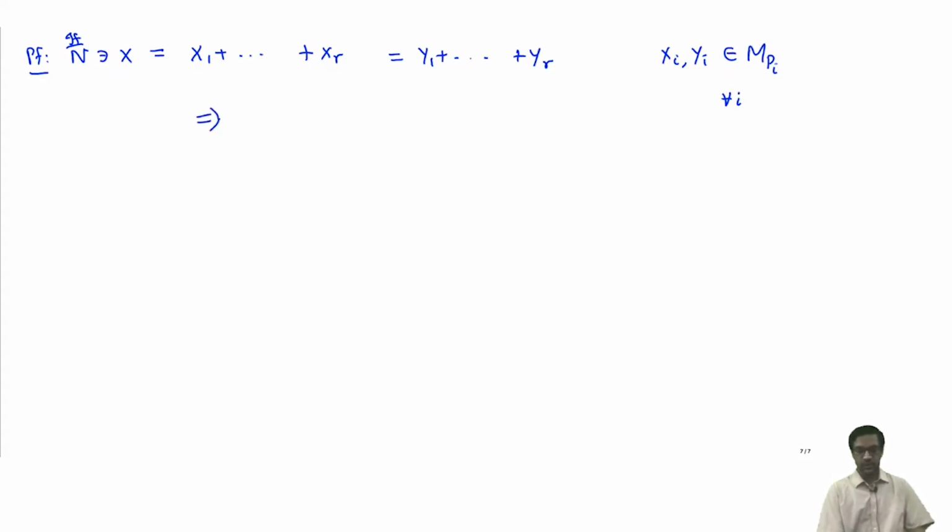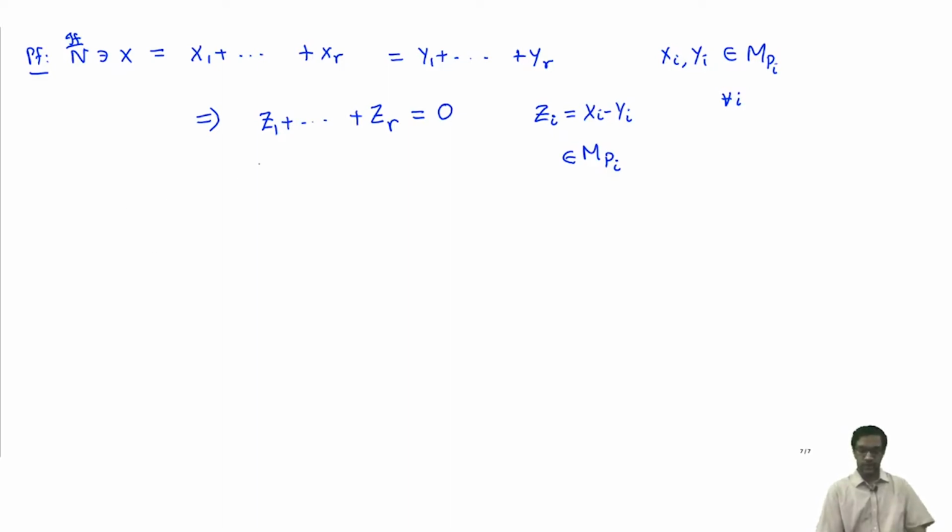If I take xi minus yi and call those zi's, this means that z1 plus z2 plus zr is 0, where zi is xi minus yi. Observe that the difference of these two is also in the module MPi. Now from here I will try to prove that each of the zi's is 0, which is all I need.